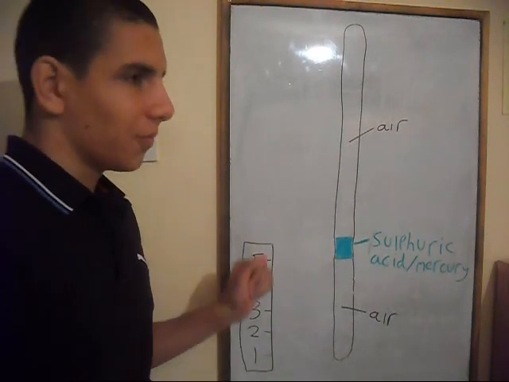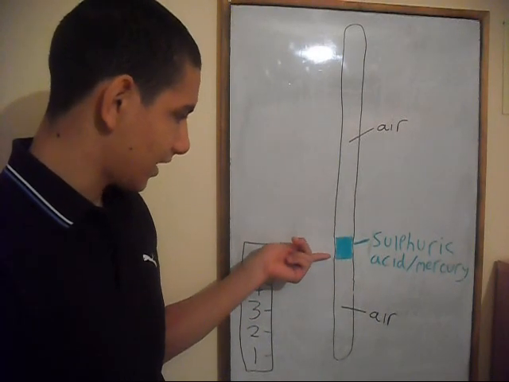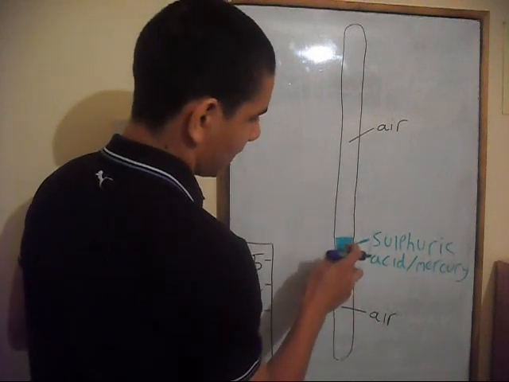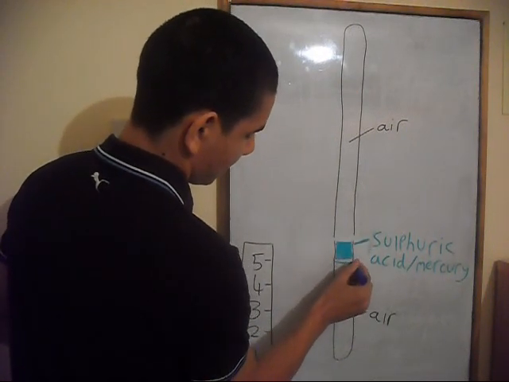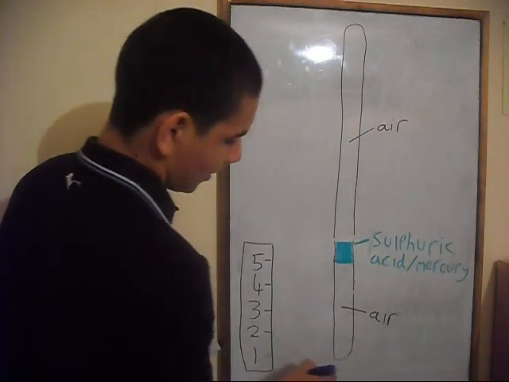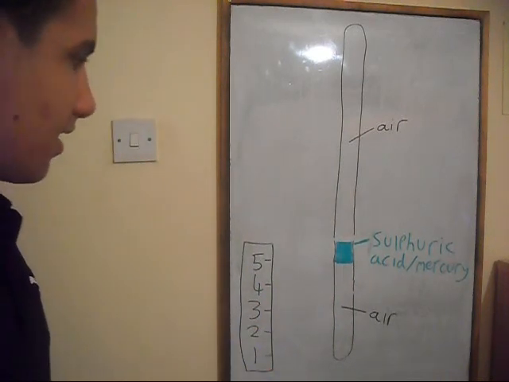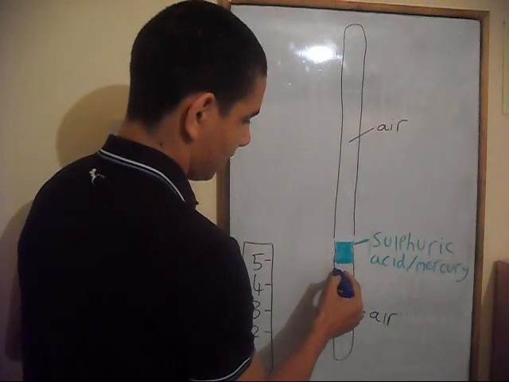Then submerge it in water at 80 degrees and the air will have contracted, so this level of sulfuric acid or mercury will have moved down. Then measure the distance from the bottom to this level again, and carry on doing that at set intervals.